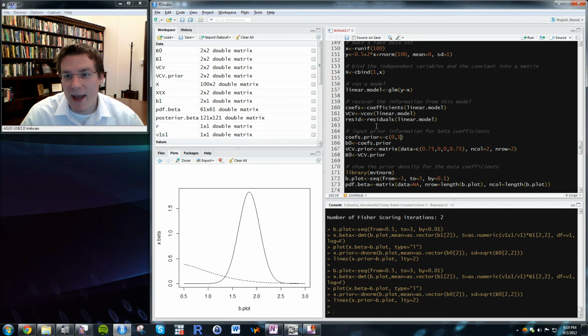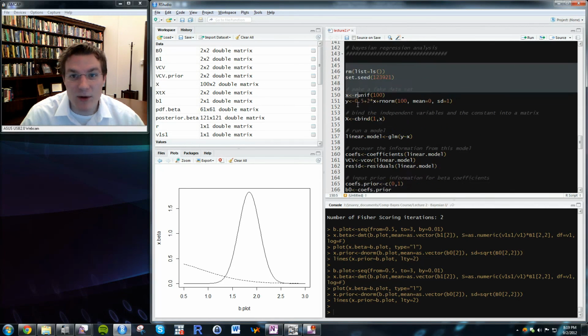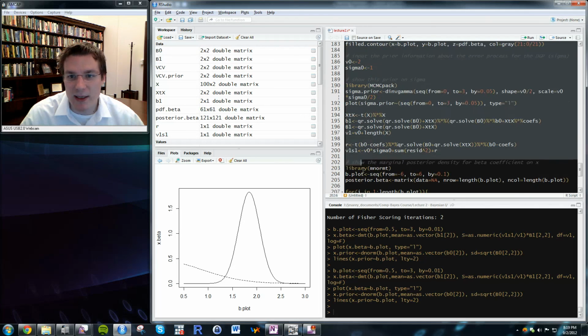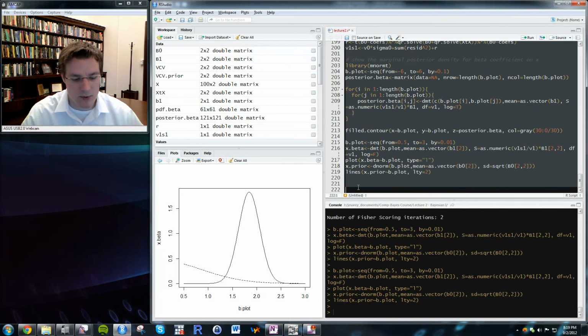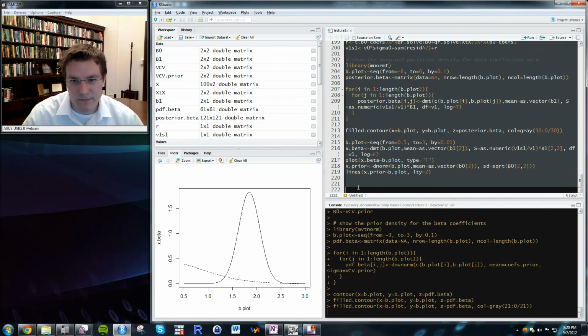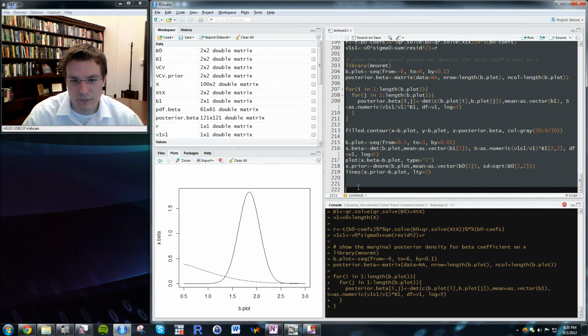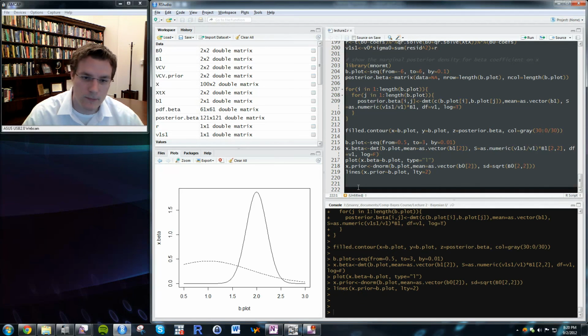So I'm just going to go back and change my prior and redo all of this analysis, assuming now that my prior density was 1. So this will take a little second to run. Okay, now you can see the prior density is centered over 1, and the posterior is shifted closer to 2.